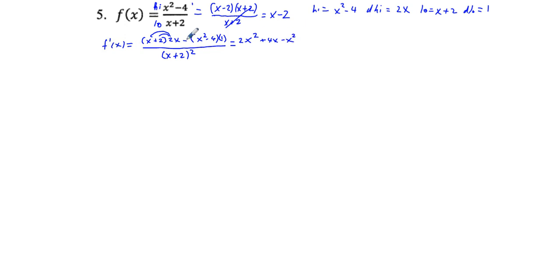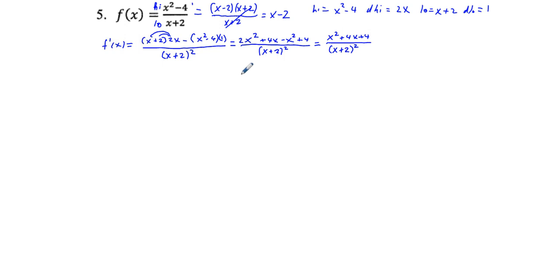And then minus negative 4, so plus 4, all over low squared, which is going to be x plus 2 squared. So we're going to get 2x squared minus x squared, which is x squared, plus 4x plus 4, over quantity x plus 2 squared.